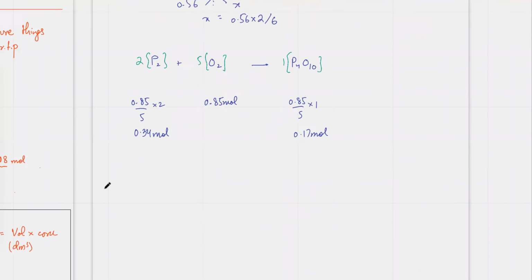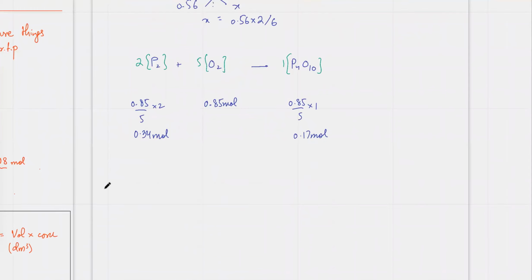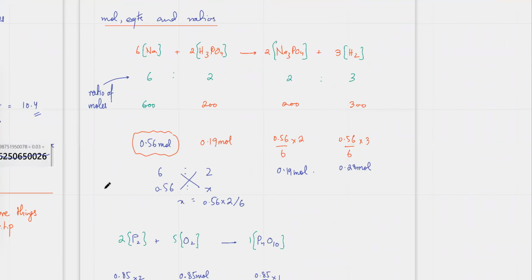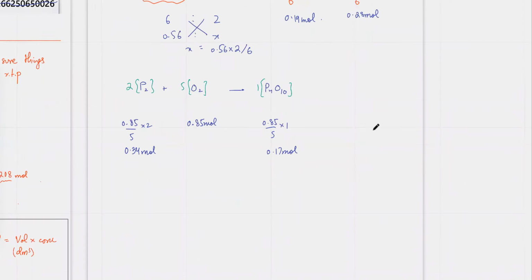So just remember, the whole moles question is this: you find the moles of one substance in the equation, and by using ratios you can figure out what quantity of product you're going to obtain, and the amount of reactant you need. So the whole idea is you have to find the moles of one substance, and you'll be able to figure out the moles of all the other substances.